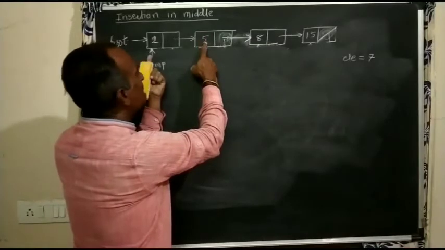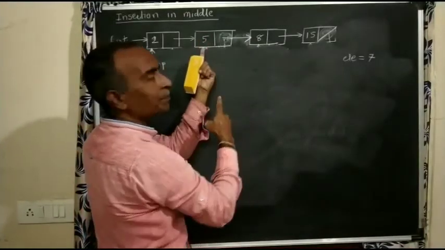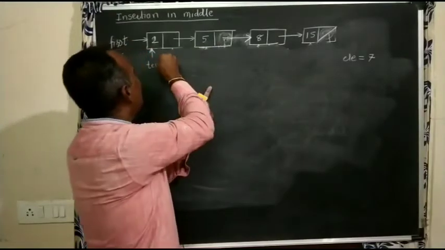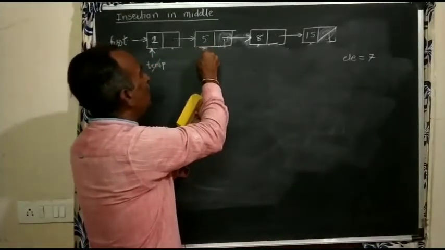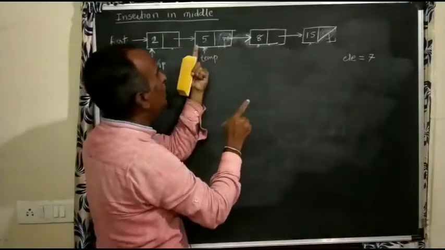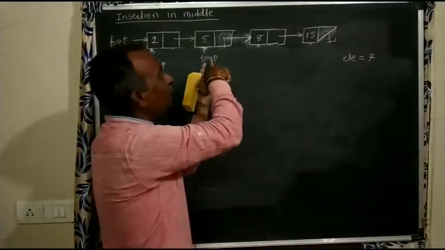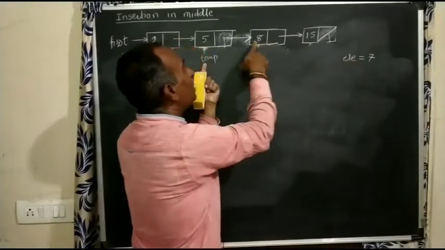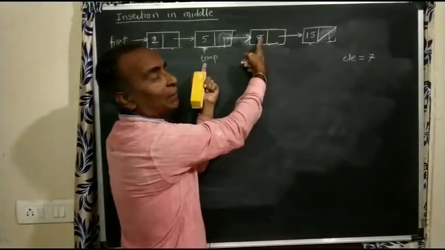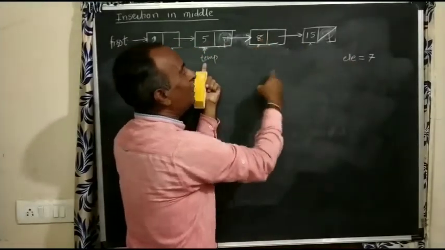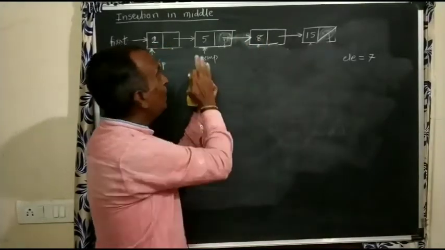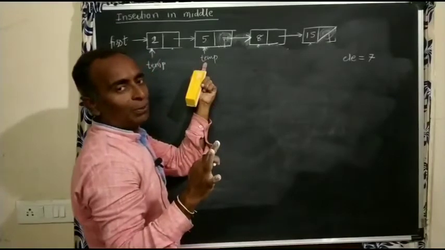So whenever this condition is there, move temp. Now temp will be here, right? When you are moving, temp will be here. Now keep temp here and check this element with the next node's info field, 8 and 7. Now 8 is greater than 7. Here temp should not be moved.